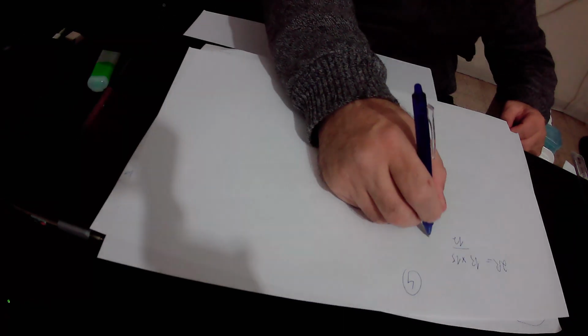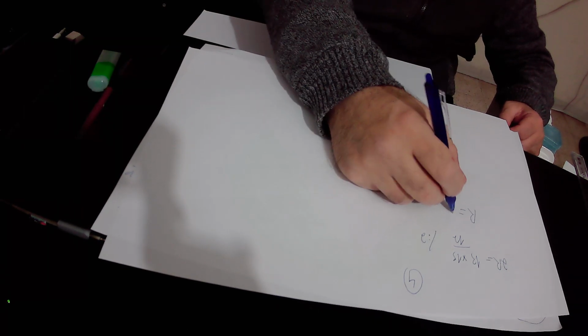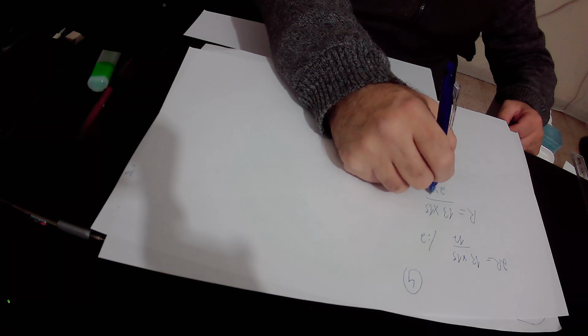Here we divide this equation by 2, and finally we get that capital R, the radius of the circle, equals 13 times 15 over 2 times 12.